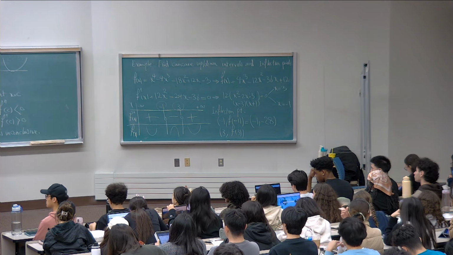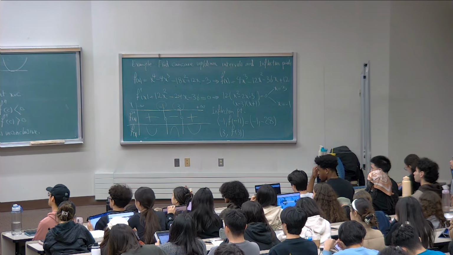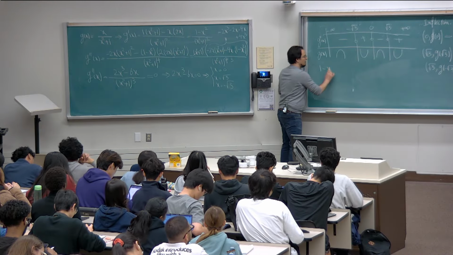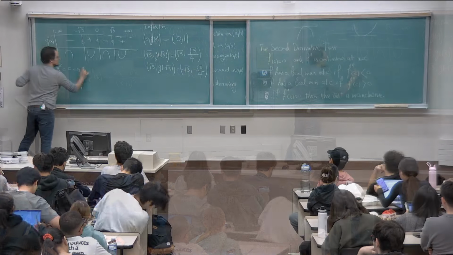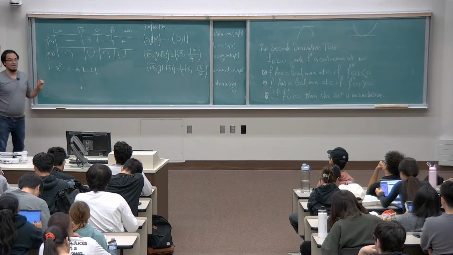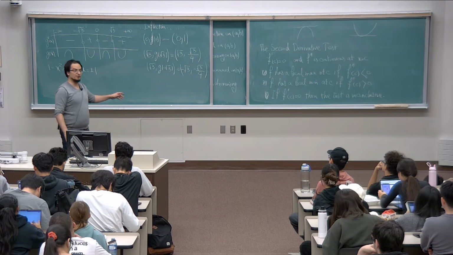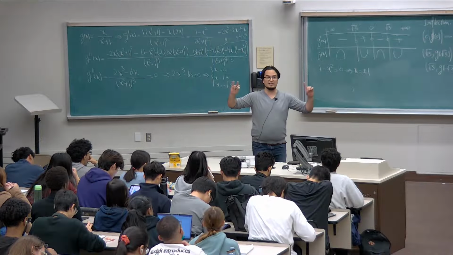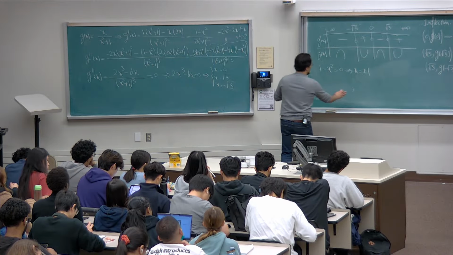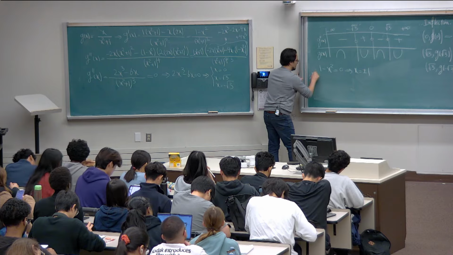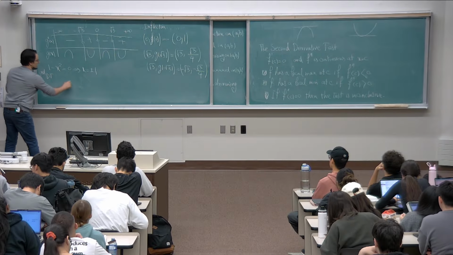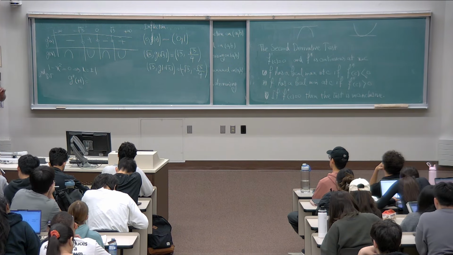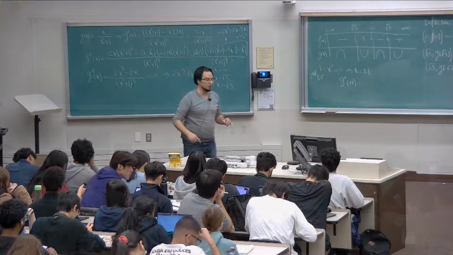For example, if I want to run the first derivative test, I always have to find the critical points, which in this case are 2 points. I have to find the sign table of f prime. But with the second derivative test, the only thing I need to do is plug the critical points into your second derivative.